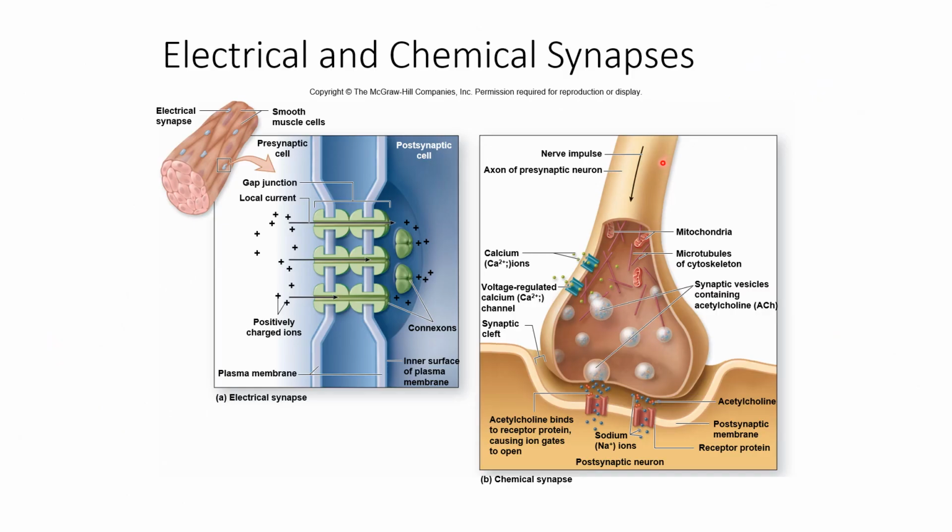This image right here explains why, when an action potential goes down the axon, down into that axon terminal, the vesicles release the neurotransmitters they're carrying. Normally, the condition inside of your neuron is negative compared to the condition outside.